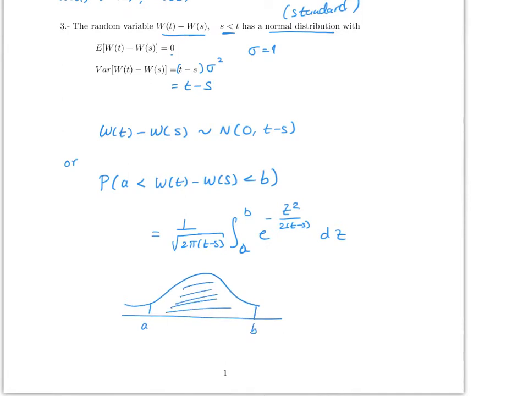All right. And Brownian motion is going to be a very important process, so you're going to see this process pretty much until the end of the class from now on.